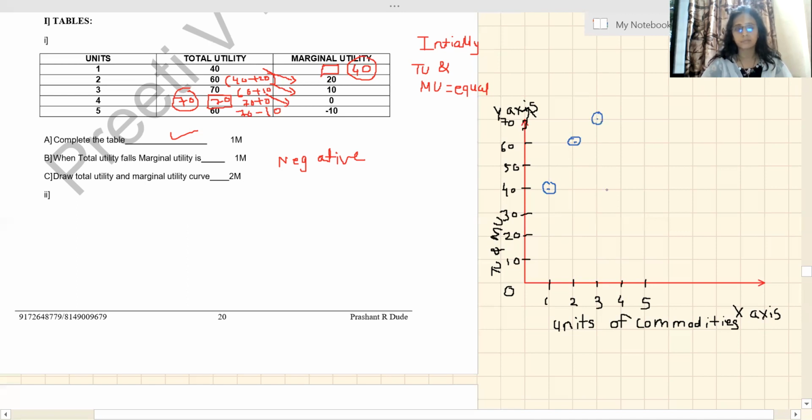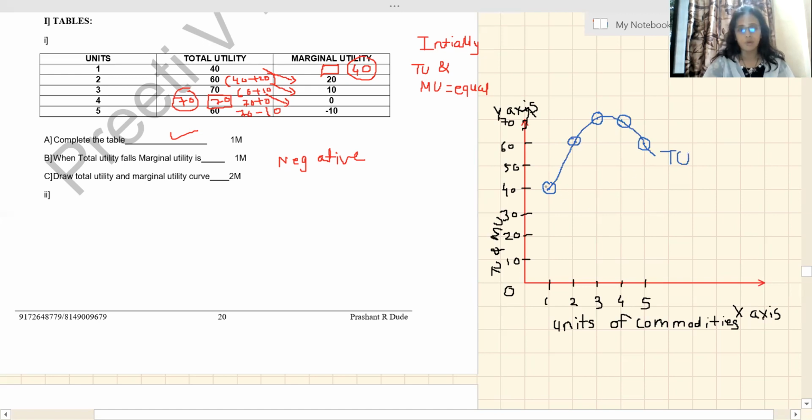Put your scale properly. At fourth unit we have 70 units. At fifth unit we have again 60. My TU is completed. I will join this and label it. Labeling is very important. This is TU.